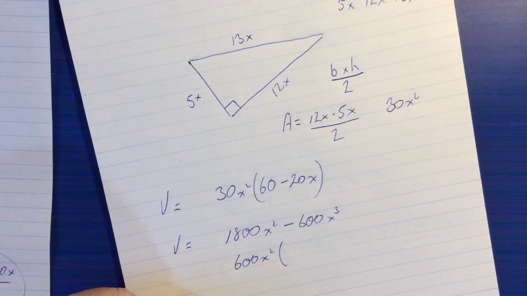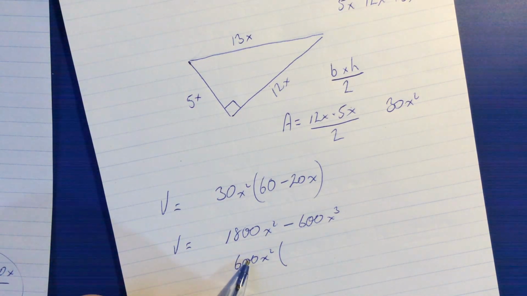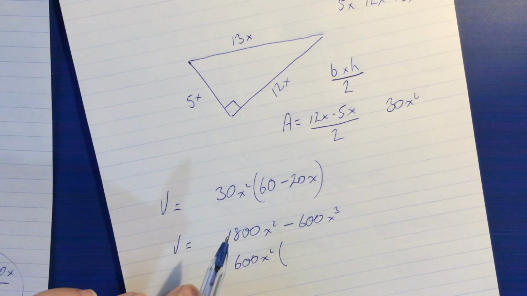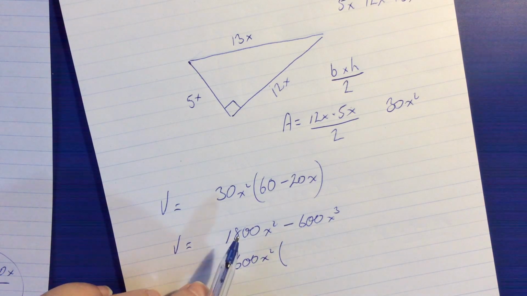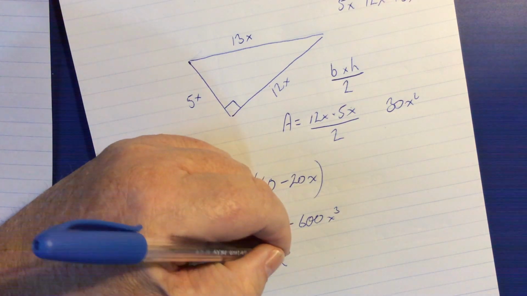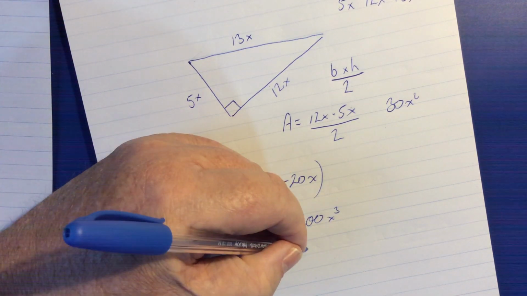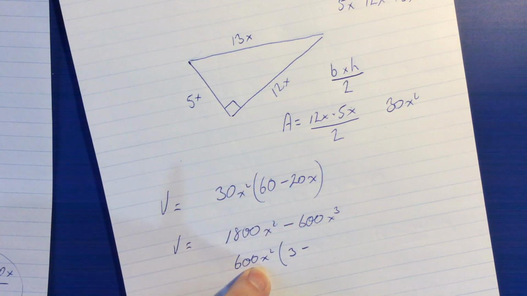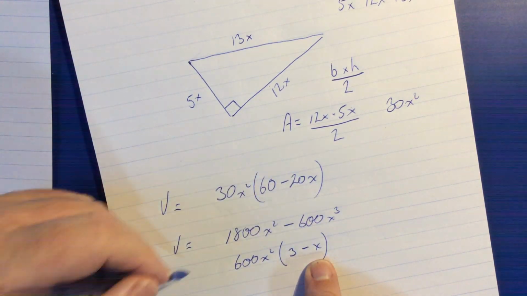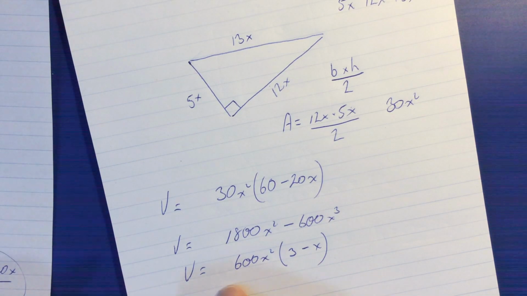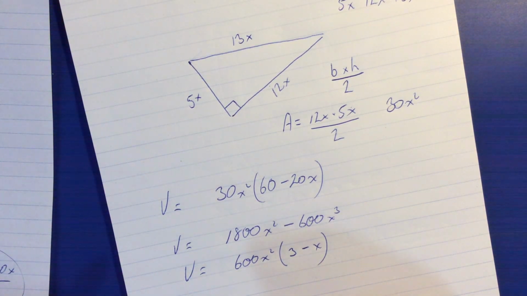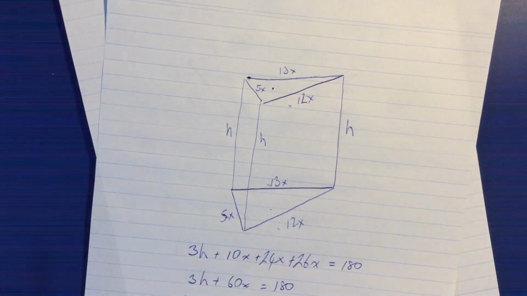And 600x squared times 3 will give us this, and to get 600x cubed, we multiply this by x, and so that is the fully factorized form in terms of x of the volume of this shape.